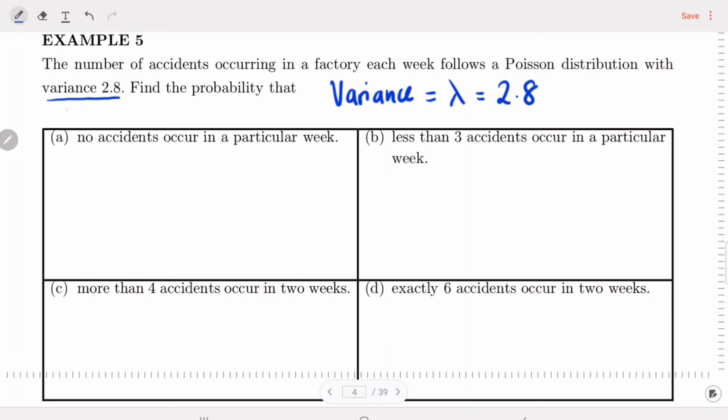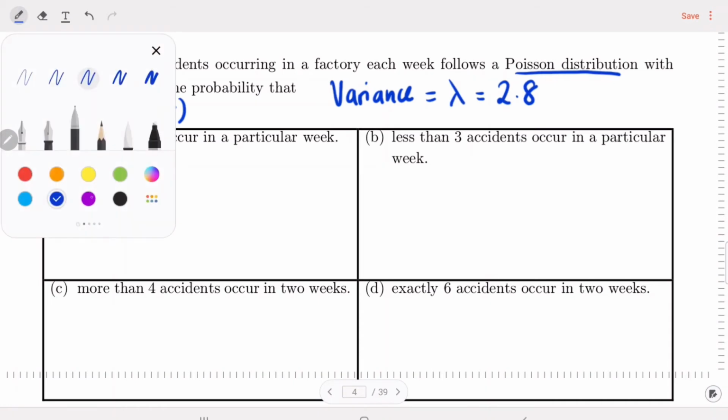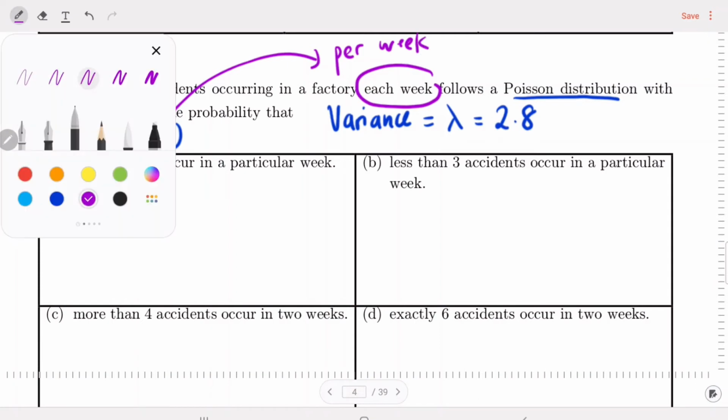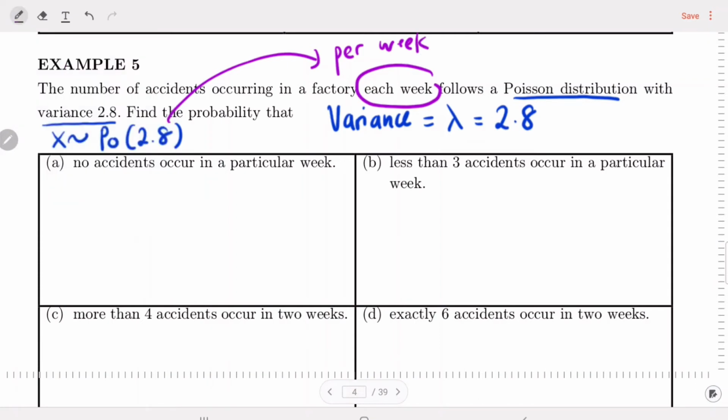We can write it as x tilde Poisson, since it follows Poisson distribution, and lambda 2.8. And this value of lambda is for each week, 2.8 per week. A. Find the probability that no accidents occur in a particular week.